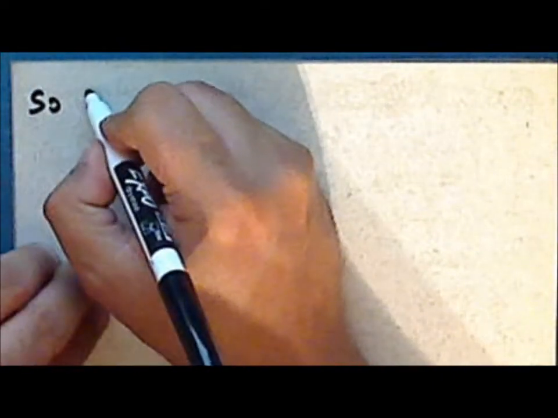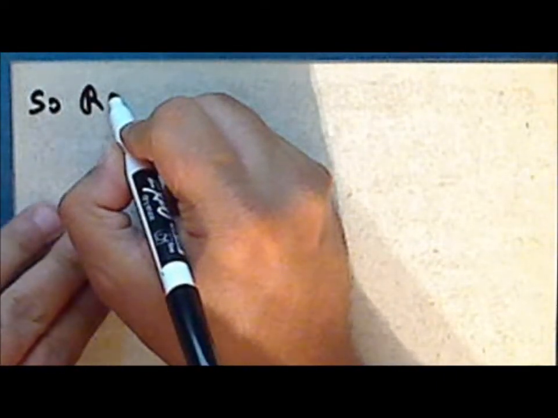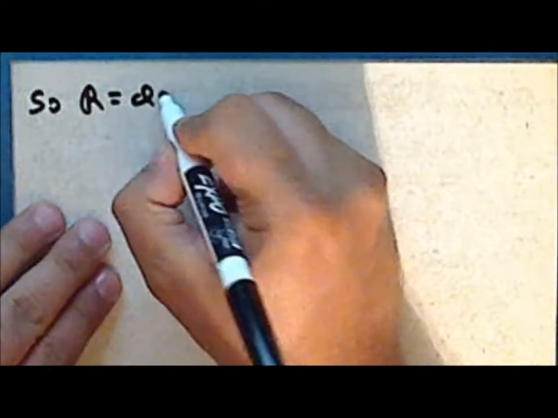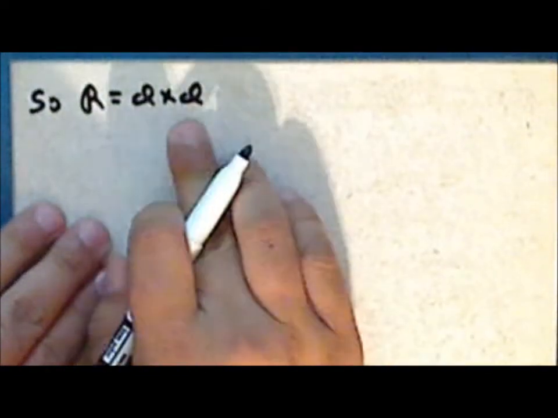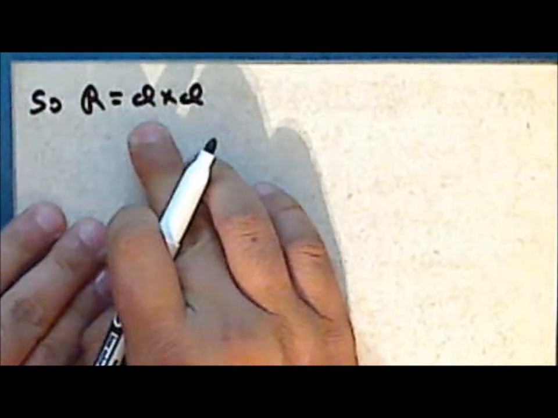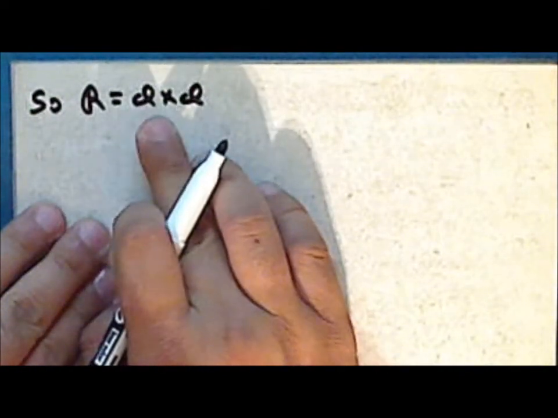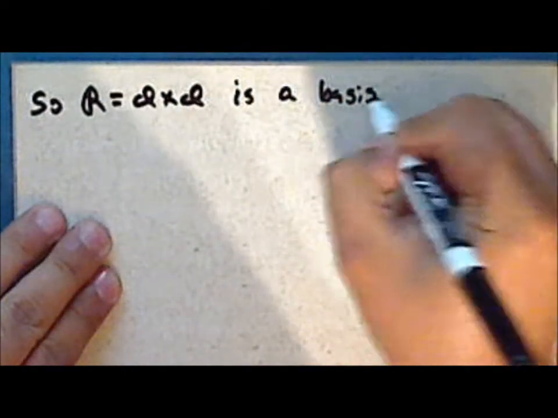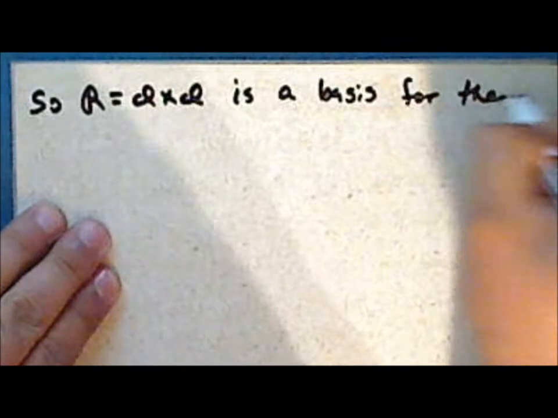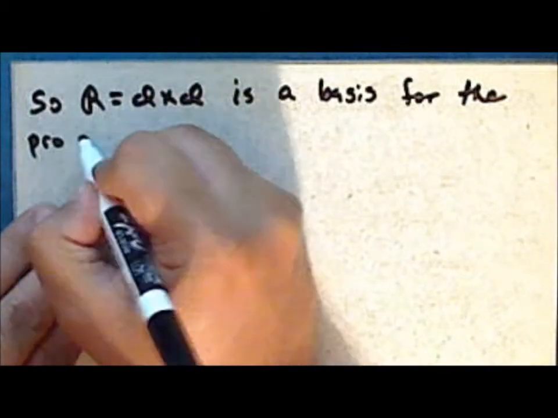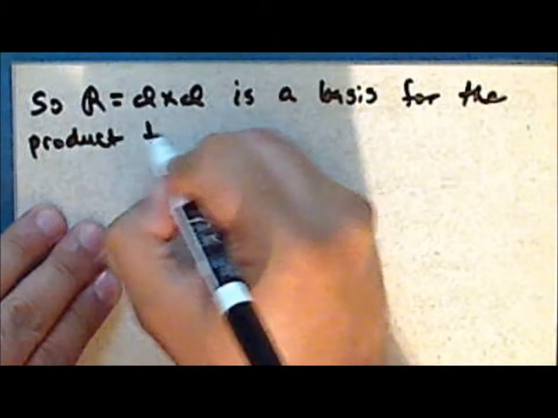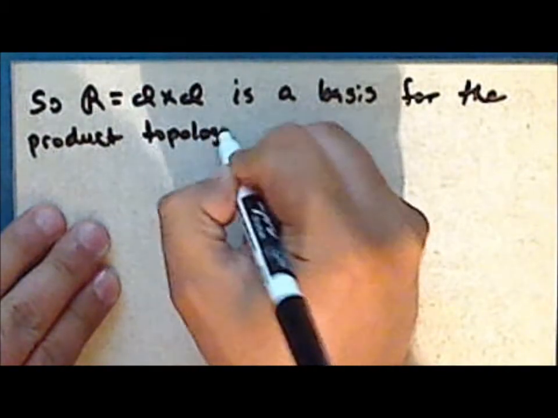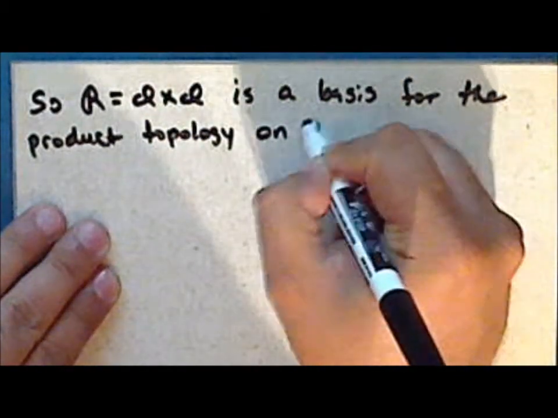So the collection script R, being the product of the basis element I for the real line, is a basis for the product topology on the real plane.